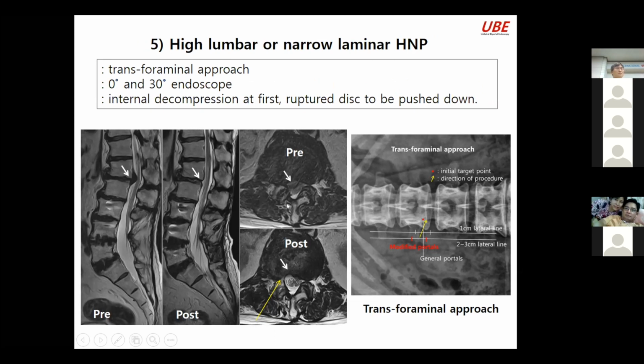Here, commonly we approach interlaminar, but sometimes there is the possibility of iatrogenic injury and root retraction. For this type, I approach through the trans-foraminal approach. At that time, I use 0 degree, sometimes 30 degree. This is the benefit of endoscopy.